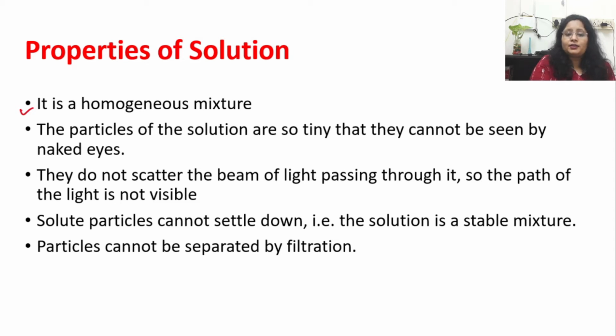Third point, they do not scatter the beam of light passing through it. So the path of the light is not visible. I will draw a diagram over here for explaining this. If we have a sugar water solution and we have a torch over here and we are passing light, what will happen?